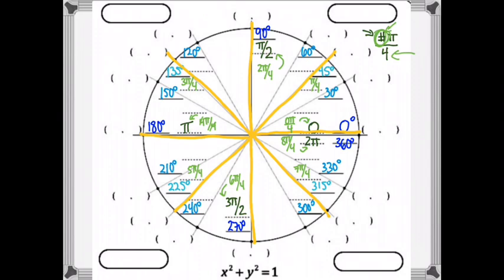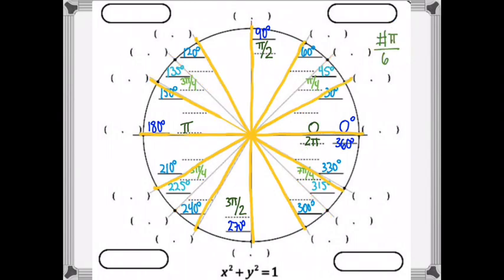Okay, so we're going to do the same thing for the 30-degree angles. For all the increments of 30 degrees, we're going to take a look at this number right here, which is going to increase from 0 all the way around the unit circle. And the 6 on the bottom represents 1, 2, 3, 4, 5, 6.